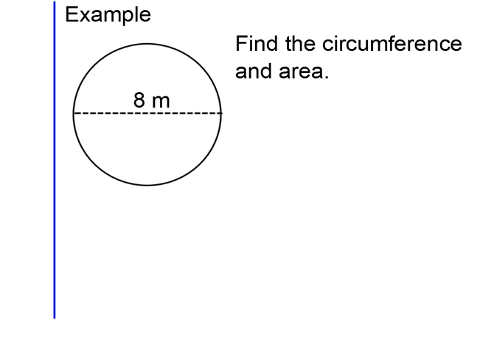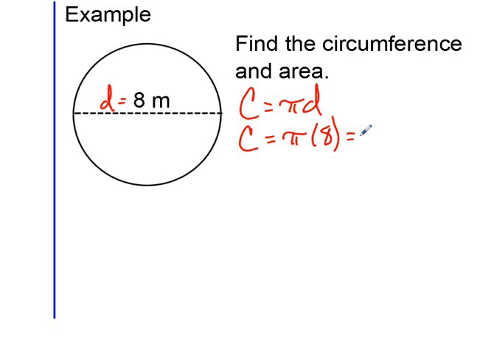So let's find the circumference and the area of this circle. The circumference of the circle is found by doing pi times diameter. We have a diameter, it is 8. So we are going to multiply pi times 8. Remember, we're going to type the pi button into our calculator.